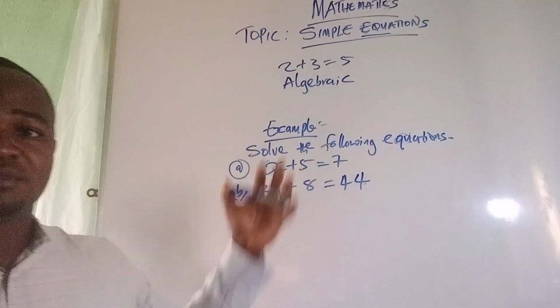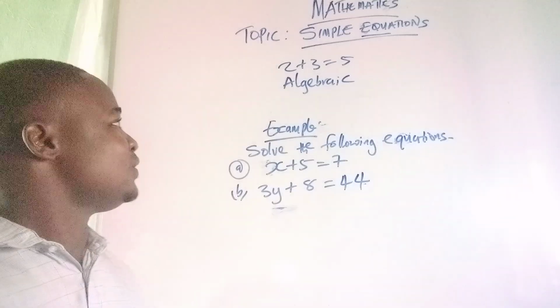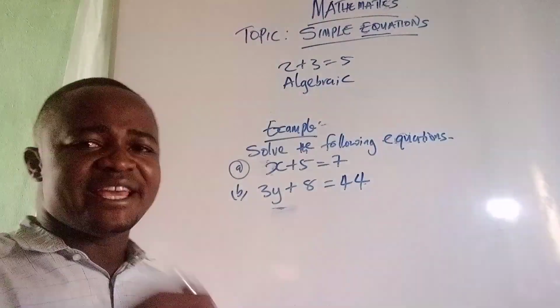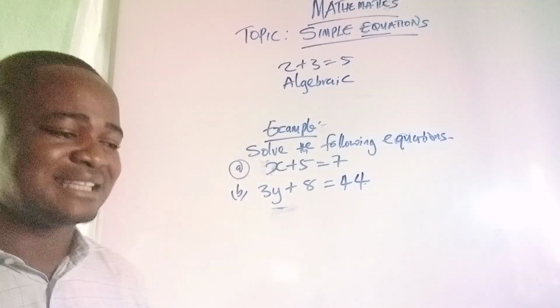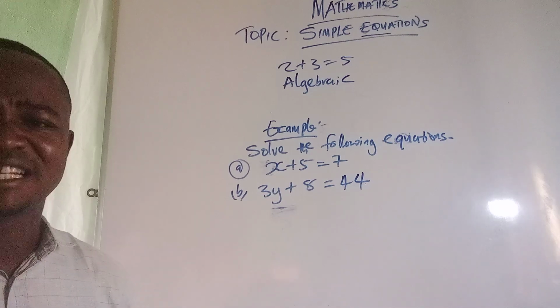I'm not going to go deep into that, but an algebraic equation is an algebraic expression that has an equality sign. Now, what is an algebraic expression?